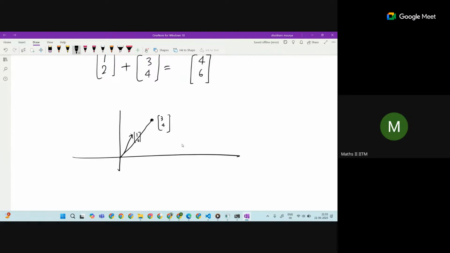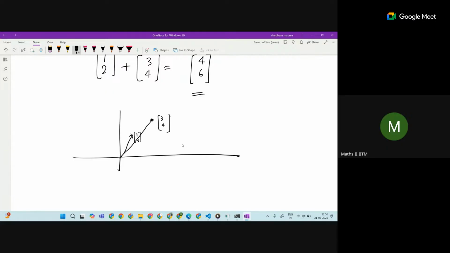Now the way to add the vectors is called the parallelogram law. I don't want to introduce it here, we are doing very rough linear algebra, so let's forget about the law. Adding, if you add this, you get 4 6.